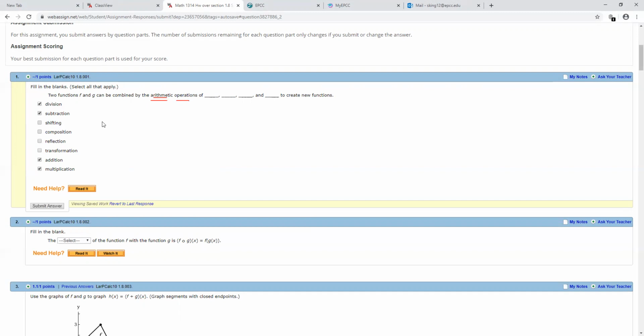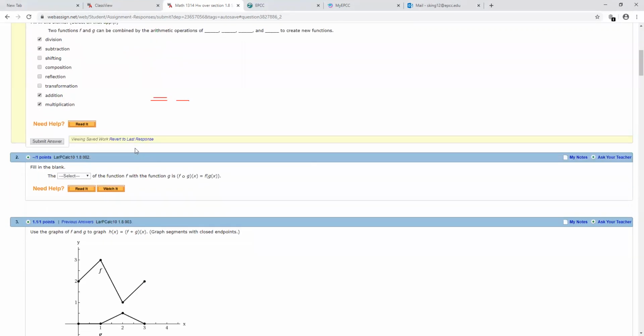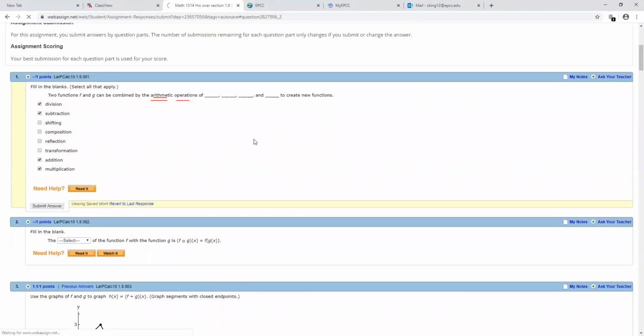We shifted a graph to the left or to the right, and that's when you add or subtract next to the x variable. That's also called a translation. And then, here's the new one, as you said, reflection. We have talked about reflections already as well. So that's what these three are right here. So anyway, we go on.